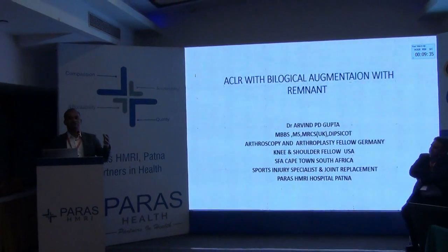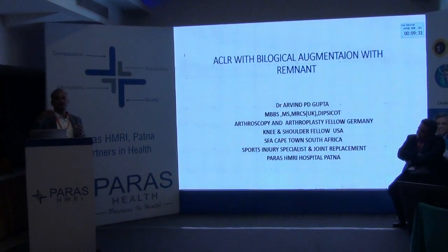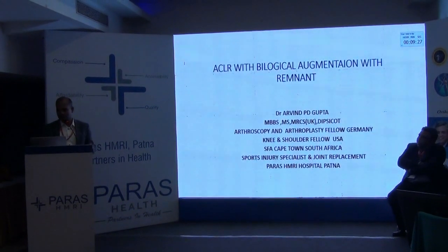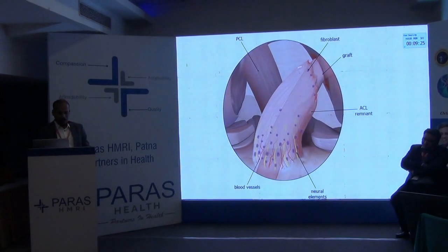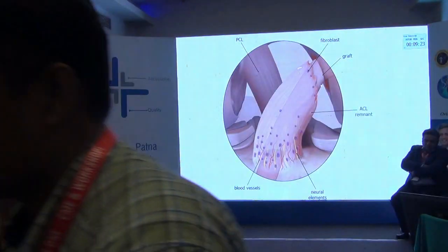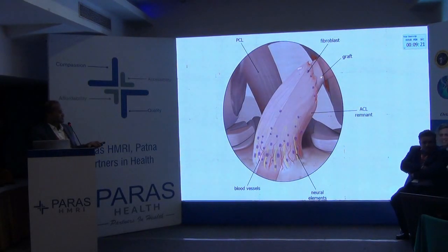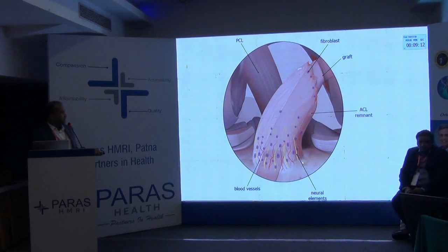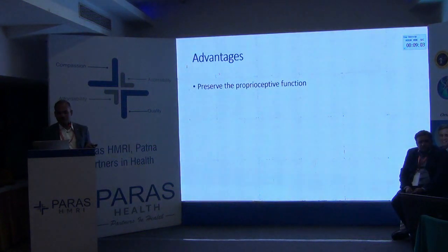At the same time, biology is the most important factor. Almost 30 to 35% of ACL failures are because of a biology problem. Here you can see a very well reconstructed ACL, but the biology comes from the remnant part of the ACL only. Because of this lack of biology, many a time there is tibial tunnel dilatation and femoral tunnel dilatation, and failure of the ACL even in the best hands.